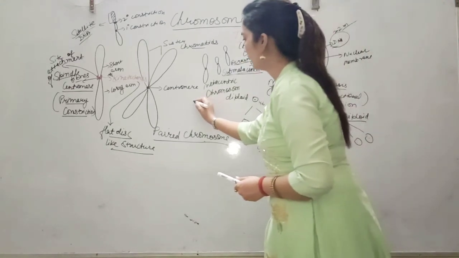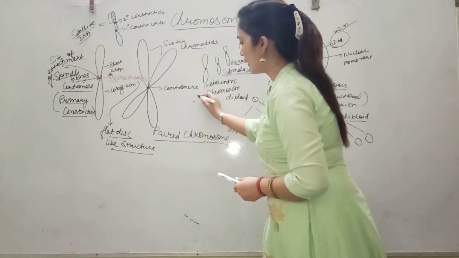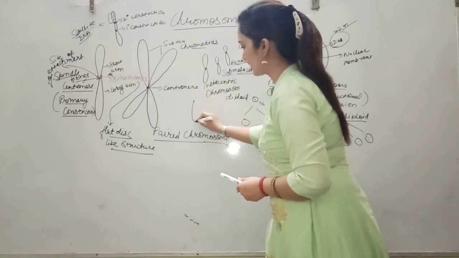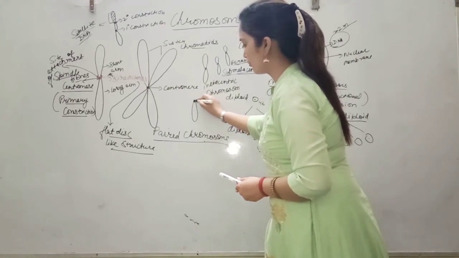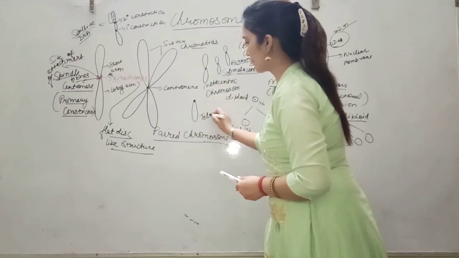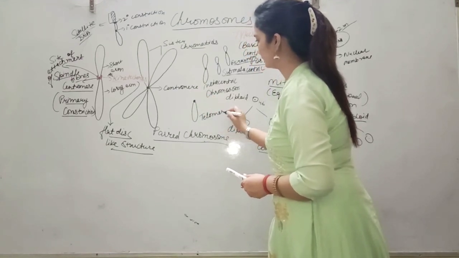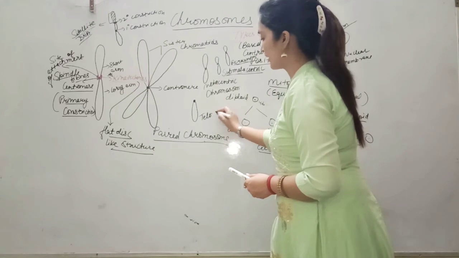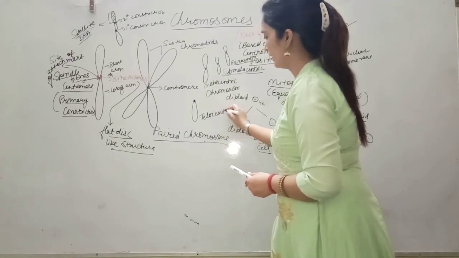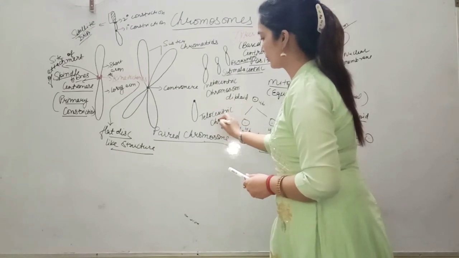And if there is no arm present upside and centromere is present at the end of chromosome, this type of chromosome is called telocentric chromosome.